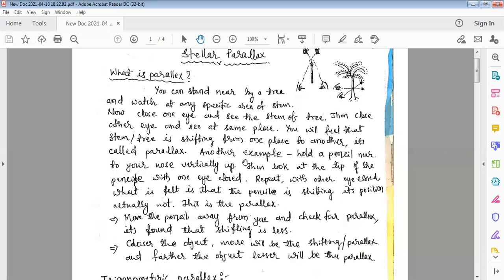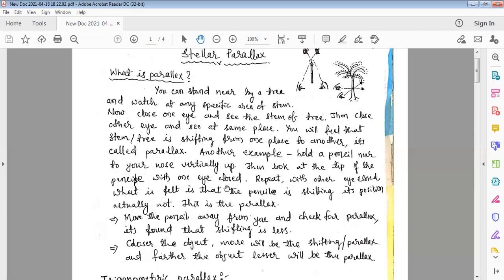So what happens? Hold a pencil near to your nose vertically up, then look at the tip of the pencil with one eye closed. So this is the tip of the pencil, and you are looking at the tip of this pencil with one eye. Let us say this eye is closed.